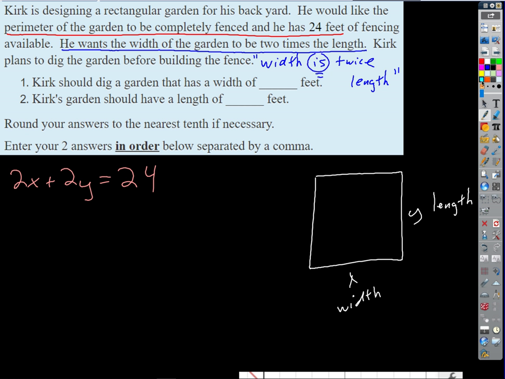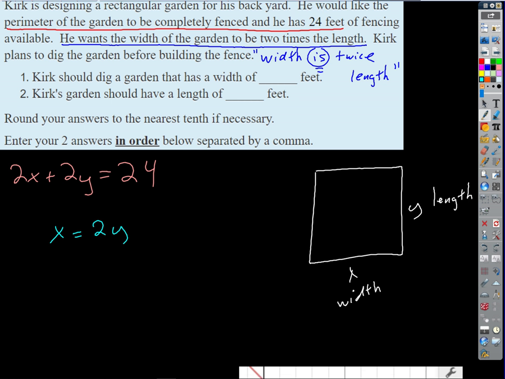And that just looks like width. Well, width was x, right? So x equals, how do I say twice length? 2y. Good. So x equals 2y. It's an easy system to solve. We could just use substitution, right? In fact, it's so easy, let's just do that.